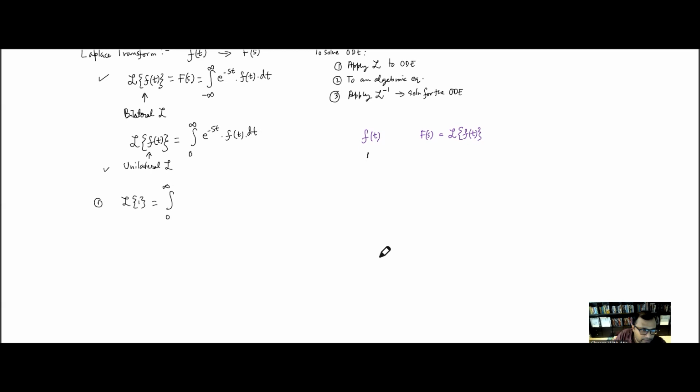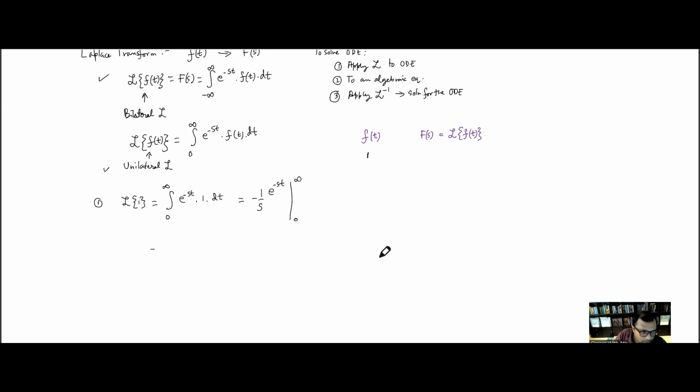Integral from 0 to infinity of e to the power minus st times 1 dt, which is nothing but, what's the antiderivative of e to the power minus st? It is e to the power minus st times minus 1 by s, and we calculate it over 0 to infinity.